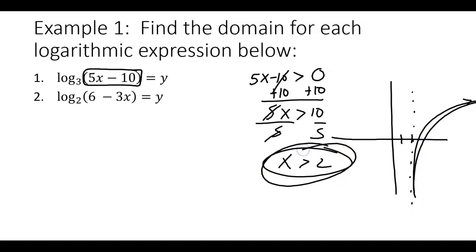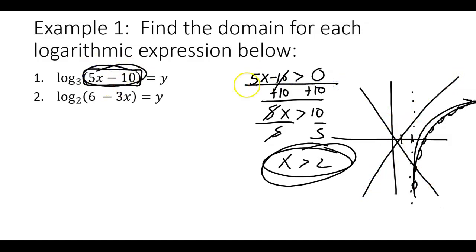X has to be greater than 2. So every value of x has to be greater than 2. Now, you guys don't need to worry about the graphing stuff. We're going to get to that later. For now, all you need to know is that the argument has to be greater than 0, and solving for x tells us what the domain is. The possible values of x are, x can be anything greater than 2.